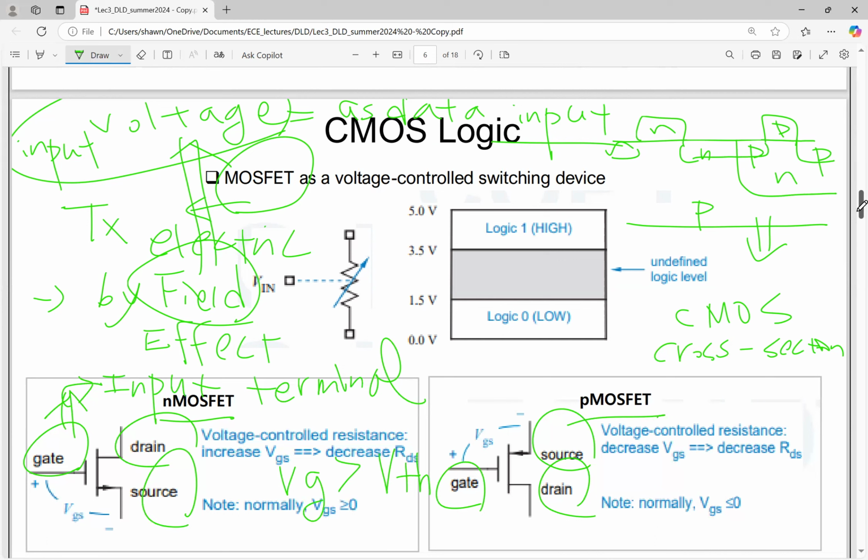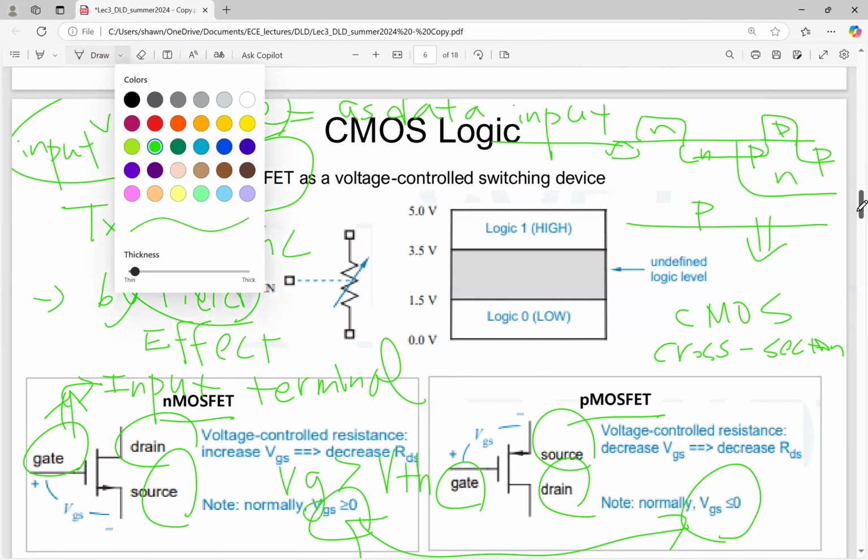For the PMOSFET, it is going to be the different polarity. That's why they have a different polarity range for the gate-source voltage. So why is it different between NMOSFET and PMOSFET?